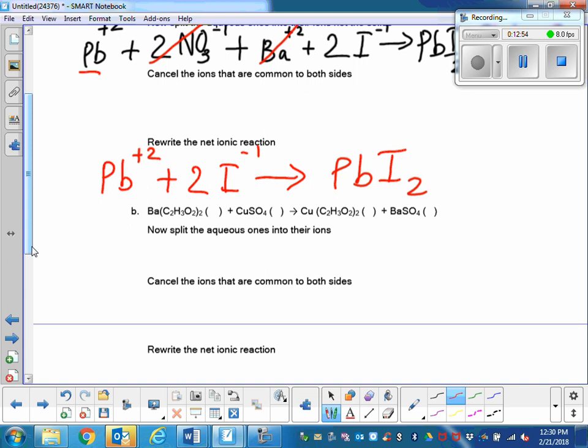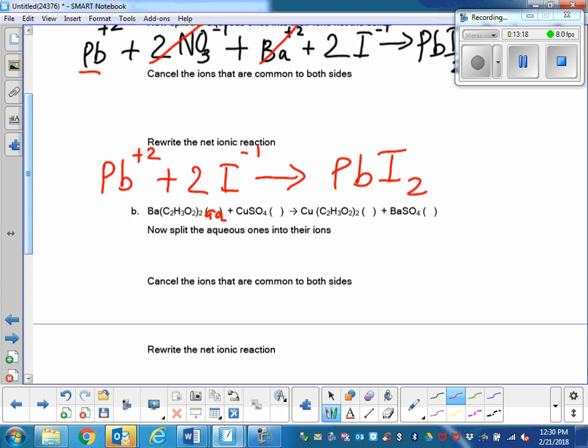Did Luke help me? Salim help me, right? Abby, can you look up barium acetate and tell me what is the state symbol? AQ. So barium acetate is AQ. Haley, tell me what is copper sulfate?